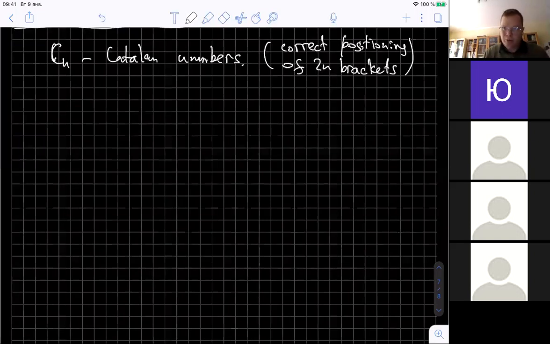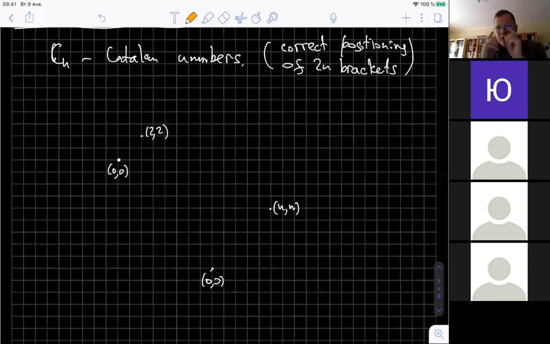I want to prove this: suppose I live on a grid lattice, and I have point 0, 0 and point 2, 2, or in an arbitrary way points 0, 0 and n, n. I want to look at the ways of going from 0, 0 to 2, 2 using this grid.